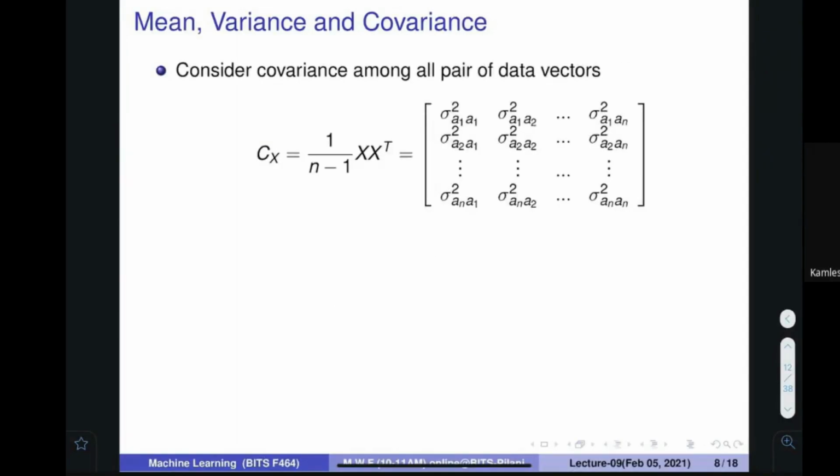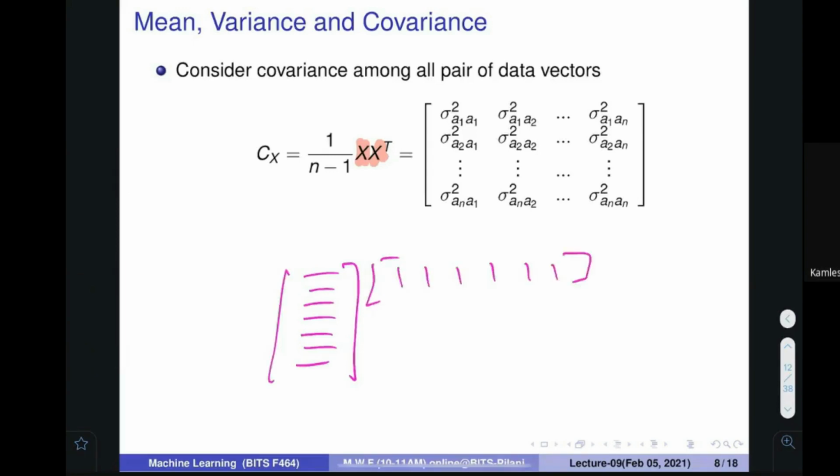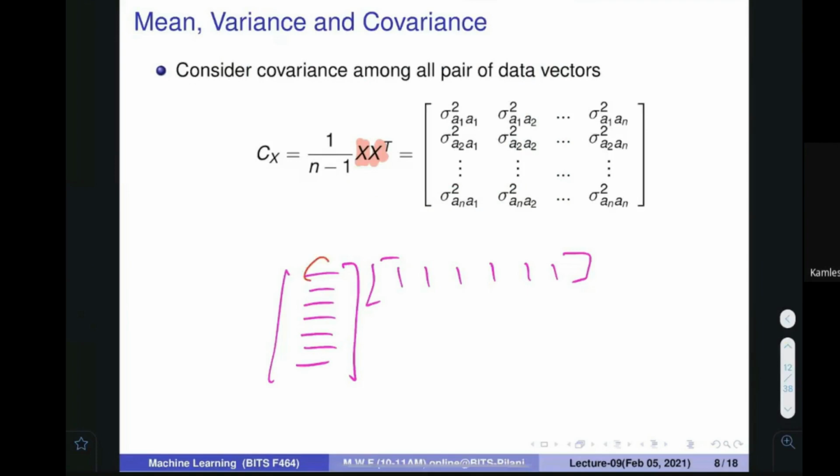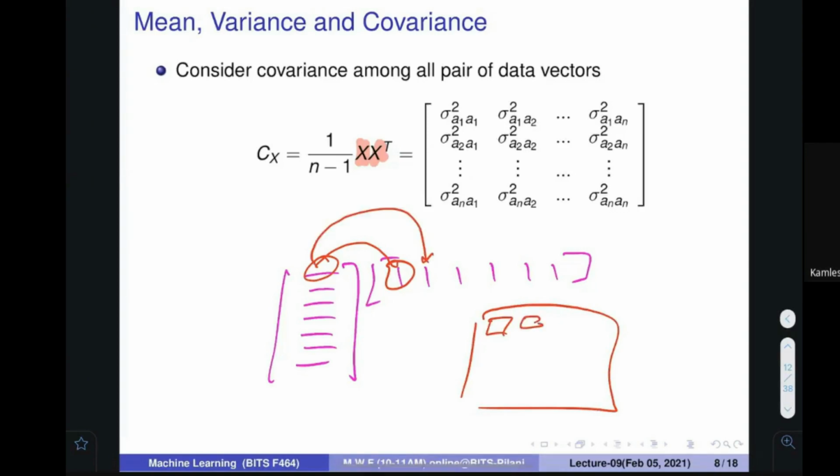So let us assume that x represents the data that you have, and you put x transpose. You find the multiplication, so this item is multiplied here and you get a value here, then this value is multiplied here and you get this value, and similarly for the others.